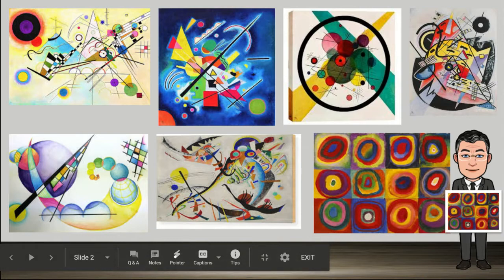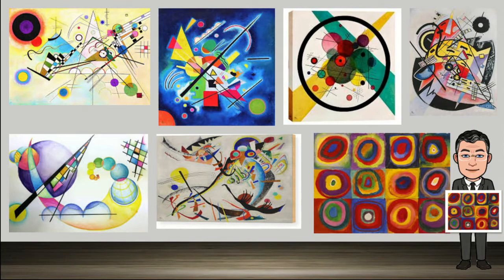Kandinsky, as you can see, if you look at his artwork, there's a lot of shapes and colors and lines in his pieces. These are some of the ones that he's really known for. He actually started painting later in his life. He had started off as a lawyer, and he took a risk with going into painting as his career.